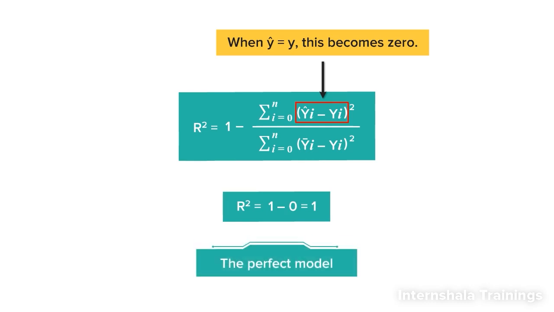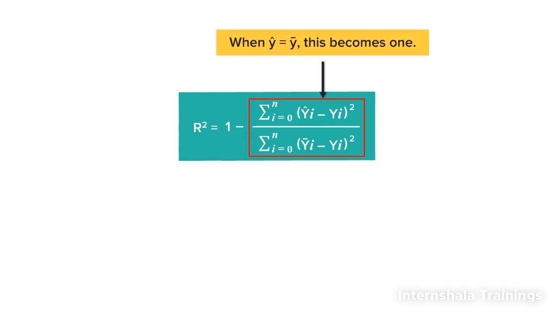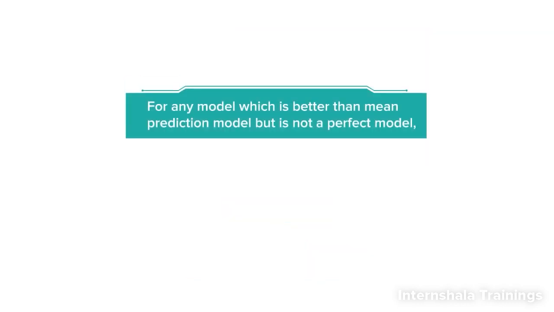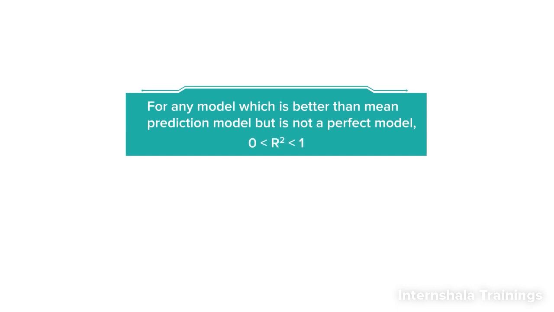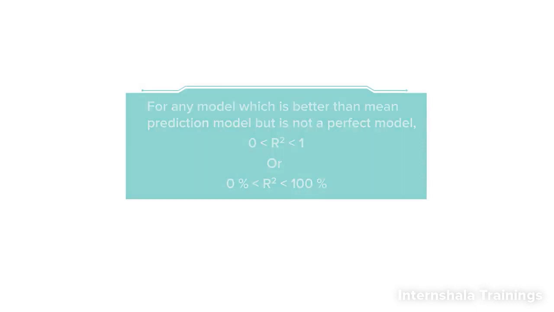Similarly, if y hat is equal to y bar, then the numerator is the same as the denominator and hence their ratio would be 1 and the value of R-square would be 0, which means that for a mean prediction model, the R-square would be 0. Accordingly, for any model which is better than the mean prediction model but is not a perfect model, the value of R-square would be between 0 and 1 or 0% to 100%.